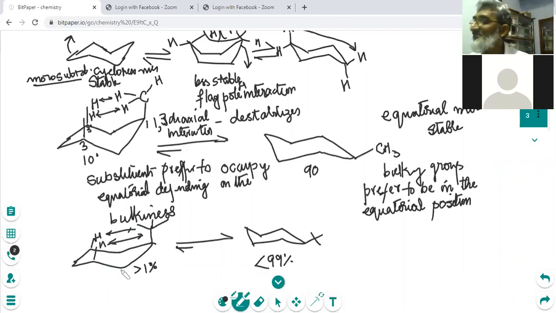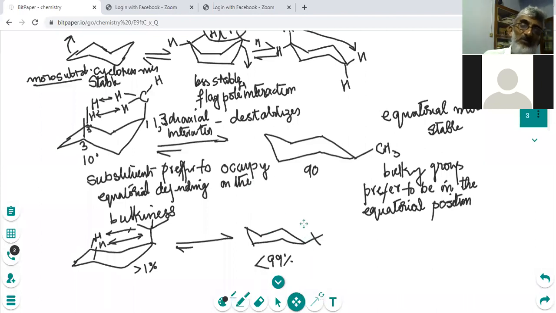These are the brief points about the cyclohexane molecule and its conformations. Remember, we have not broken any bond here. We have converted all by simple rotation.